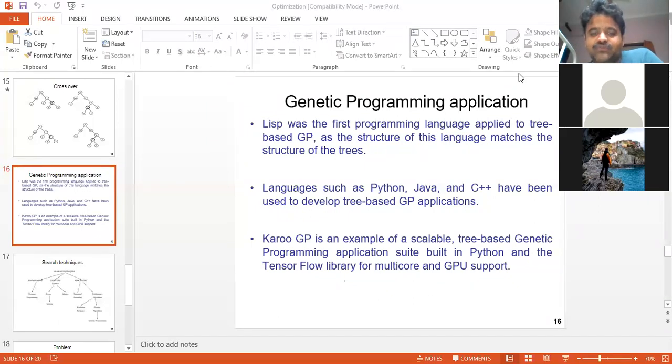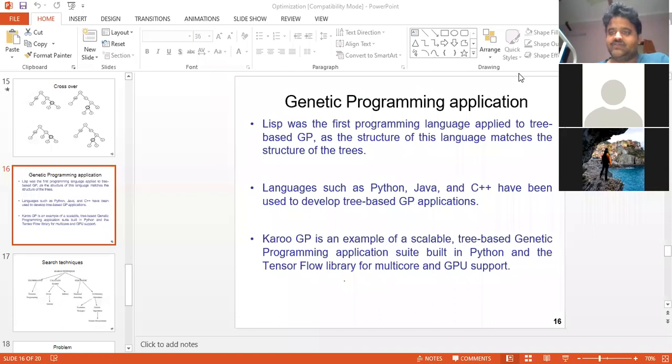For that GPU support, we need Karoo GP, Karoo genetic programming, tree-based programming, all built on genetic algorithms. So genetic algorithms are not only for optimization, they are also used to process parse trees, which indirectly makes them useful in writing a compiler program.